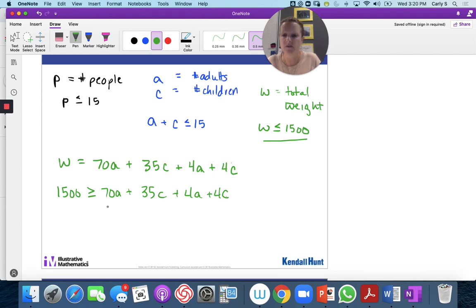And at this point, if you had written 74A plus 39C, it would be equivalent. Totally equivalent. I actually prefer to write things like this. I really like the inequality to be on the right.